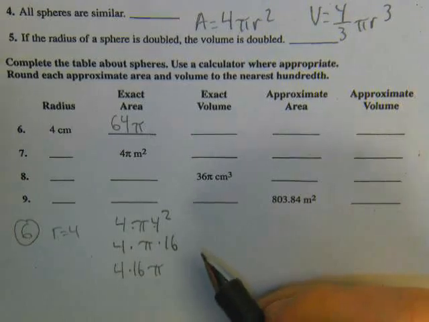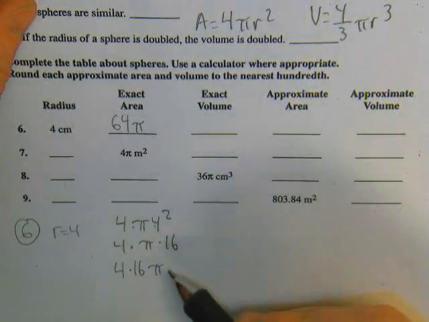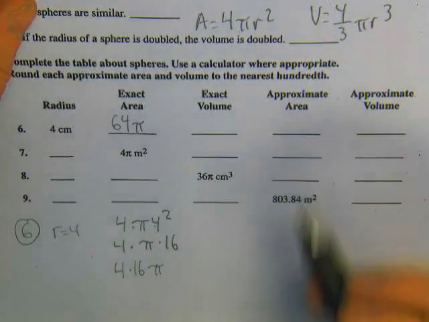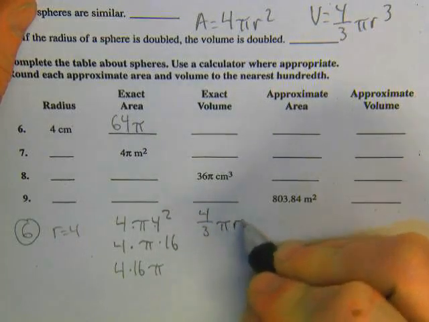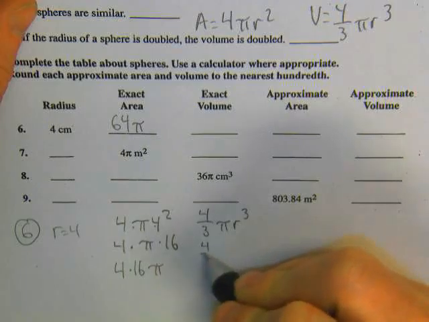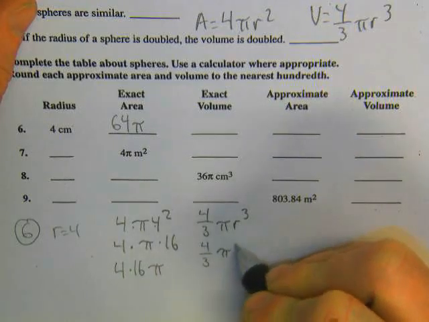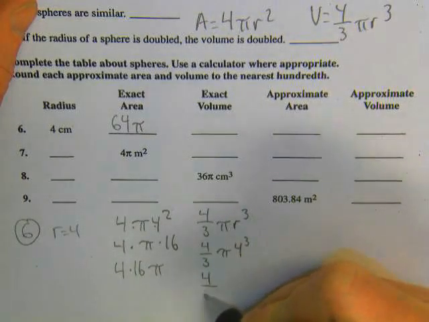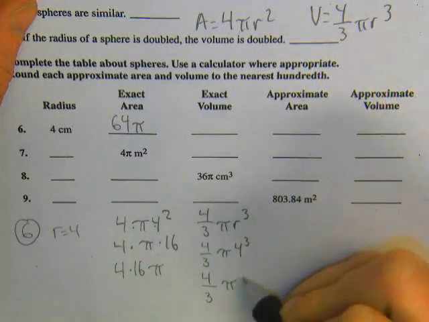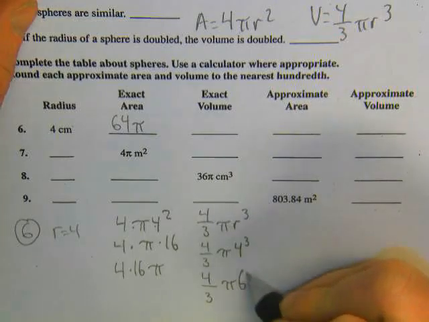Exact volume, same situation here, except now we're plugging it in a volume formula. So 4/3 pi r cubed, 4/3 pi 4 cubed. 4 cubed is 64.